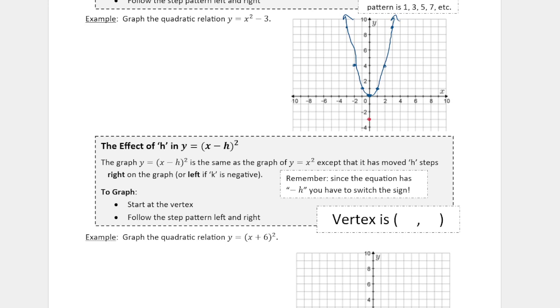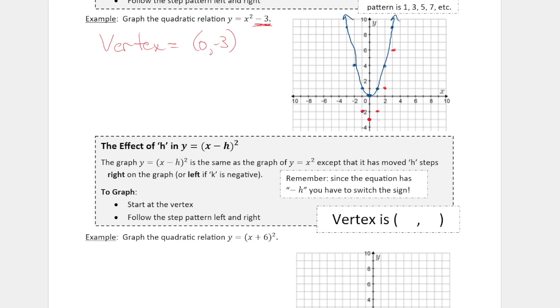And for our transformed graph, our vertex is going to be (0, k). So k is negative 3, so our vertex is (0, -3). We'll graph (0, -3), and then we do our step pattern still. Over 1, up 1, over 1, up 3, over 1, up 5.